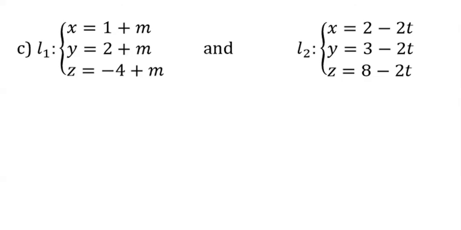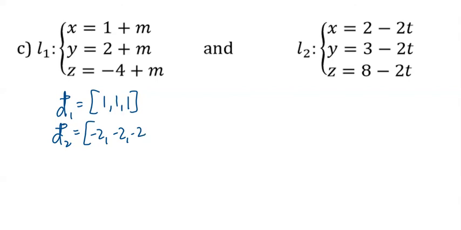So just like we did before, we're going to find a point on one of them, which if you think about putting it in vector form, you'd have a position vector to a point. So we have a point. Check that point in the other line. So I'm going to check 1, 2, -4. I hope you can see where I got that from in L2. And I've got to check it in every single one.